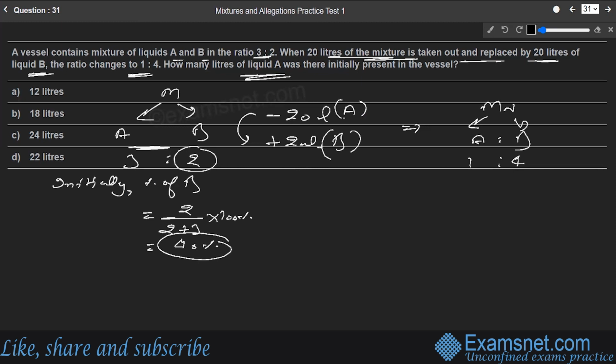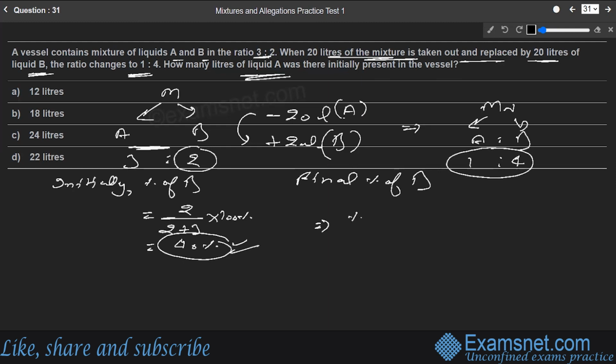Now what has he done? He has removed 20 liters of the mixture and added 20 liters of B. So how much will the final percentage of B be? Originally it was 40%, then part has been removed and replaced. They say the composition in the new mixture is 1 is to 4.